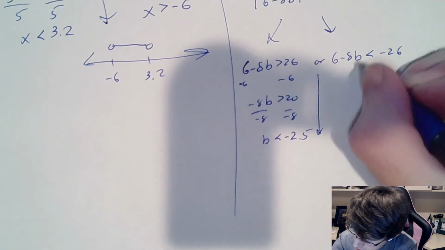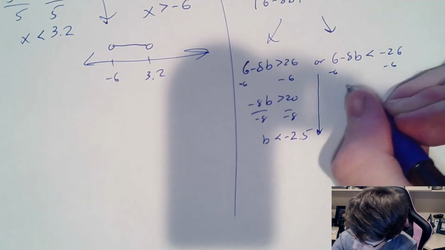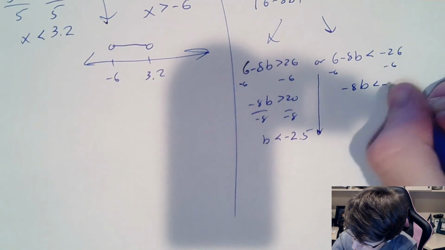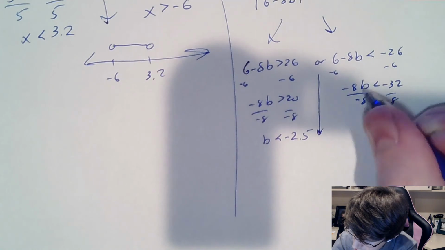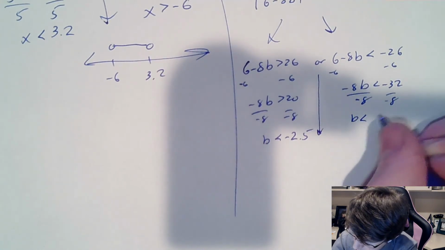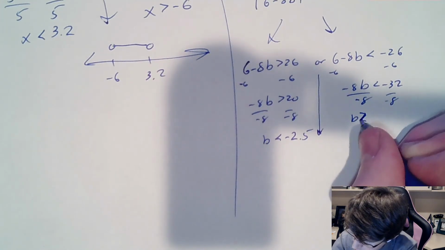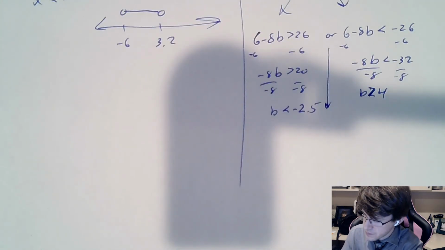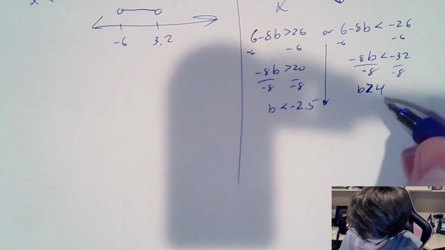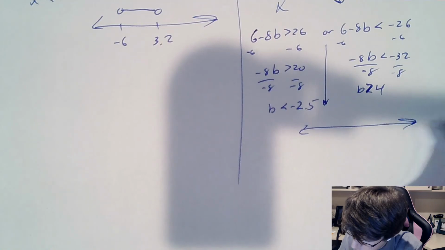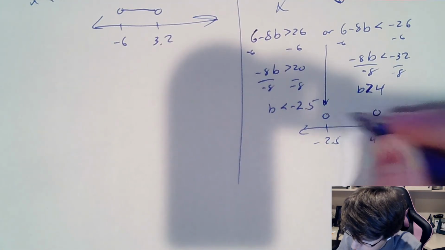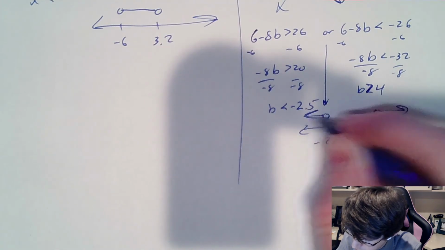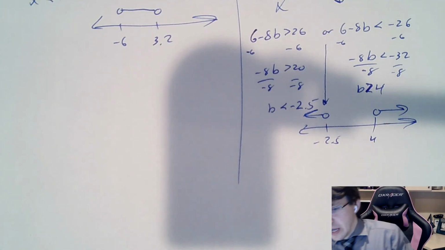Or coming down, subtract 6 on both sides again, -8b less than -32. Divide both sides by -8, and you get b is greater than 4. You gotta flip the sign because you divide by negative. Put them up. We got the -2.5. We got the 4. We got the open circles. We're going apart. Heck yeah, we're done.